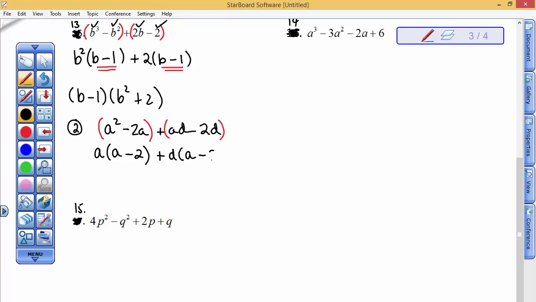But I peek over here and go, aha, those need to match. And they do, so I'm real comfortable now. So I write that binomial down once, and then this A and that D go in their own binomial. Don't forget, you could FOIL this to see how you did.